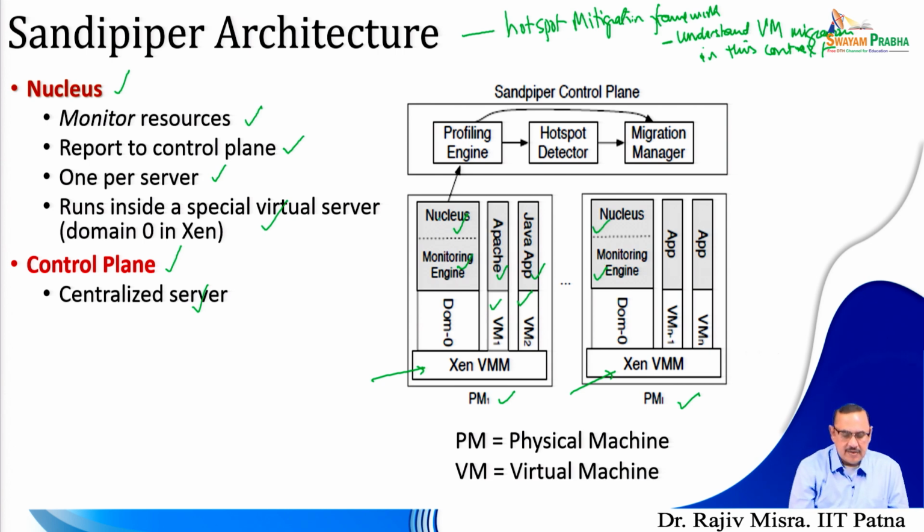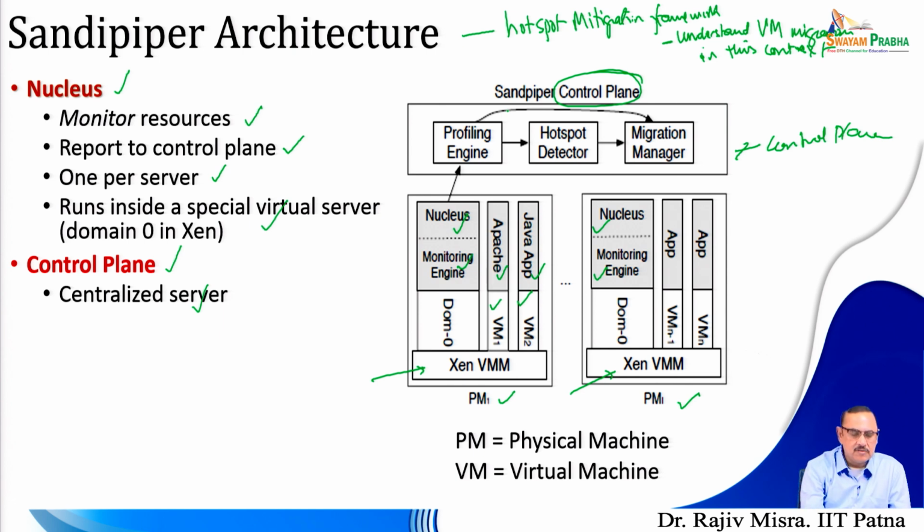So, the monitoring engine and nucleus will monitor the resources in the physical machine, and then they will report to the control plane. This is called the control plane. So, this is the Sandpiper control plane, and this particular control plane is common across all the physical machines.